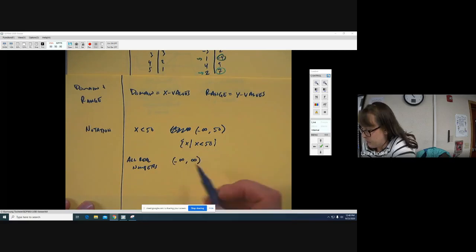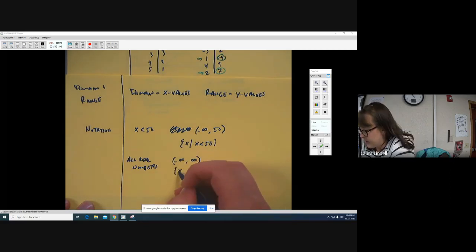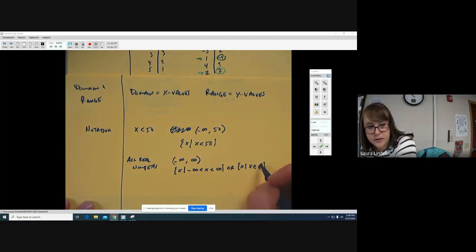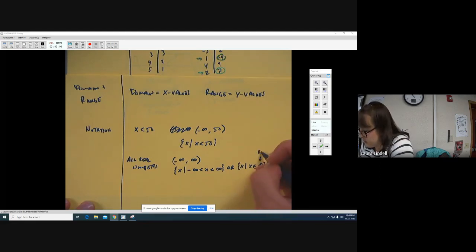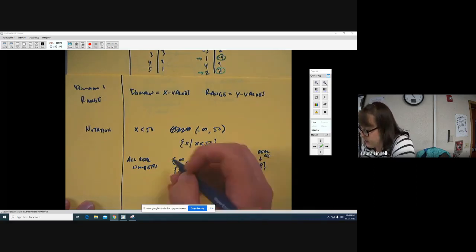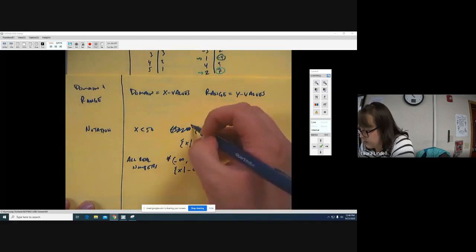And then the set builder way of saying it is X such that negative infinity is less than X, less than positive infinity. Or X such that X is included in the real numbers. So that fancy R with the line through it means real numbers. That's the set of real numbers. So those are different ways we could write it. This is the way that we will typically write it.